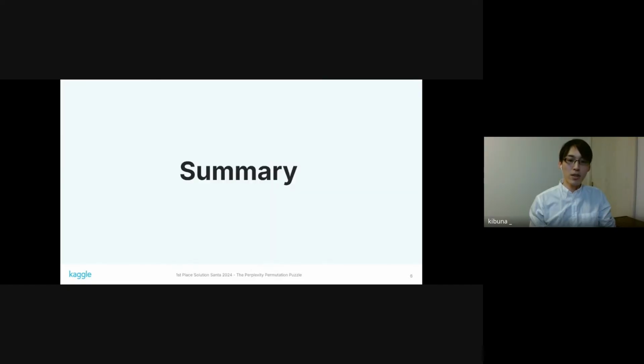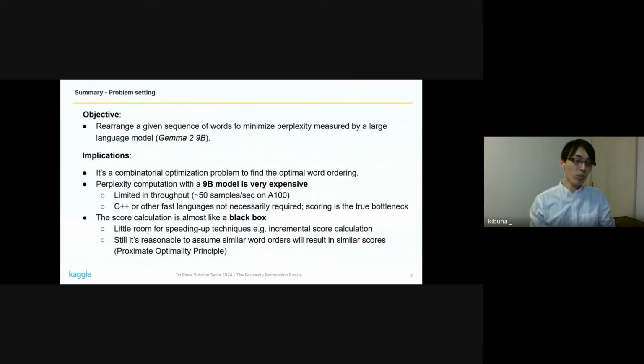Next is a solution overview. To briefly summarize the competition task, it was a combinatorial optimization problem where the objective function was computed by an LLM, and the perplexity calculation was computationally very expensive and near black box, making it difficult to apply existing heuristic solutions or program-specific techniques.